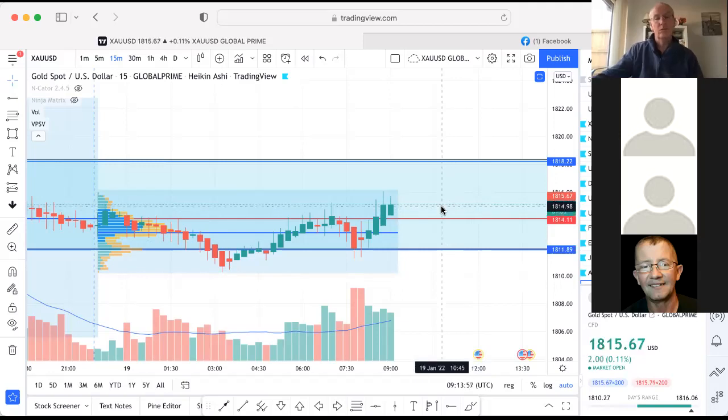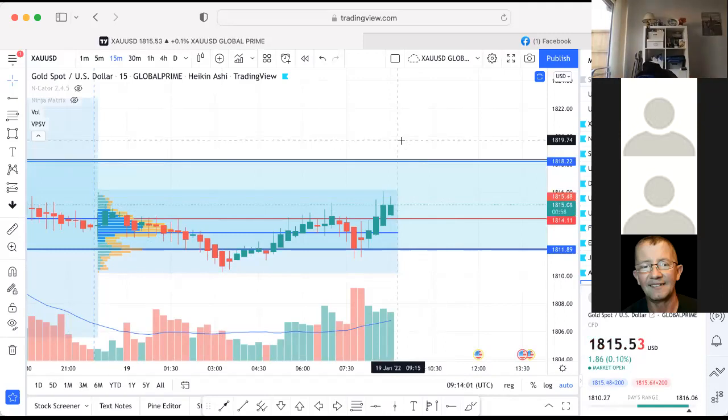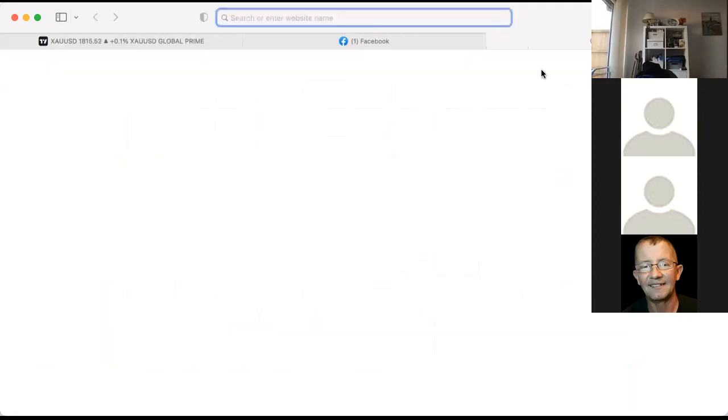Right, somebody asked me a question about the lot size calculator, and it might be worth just doing very quickly.